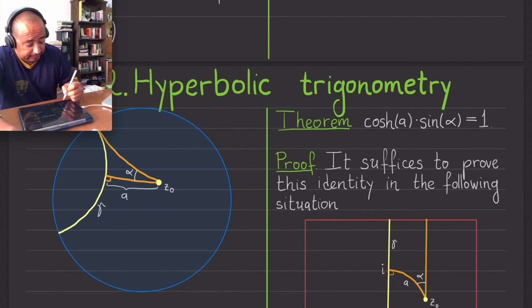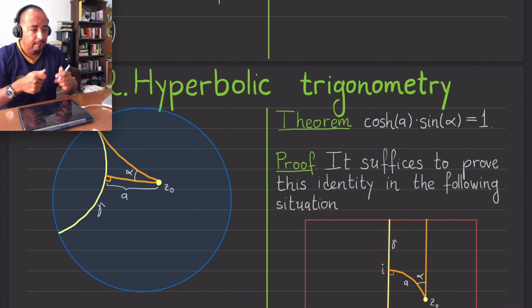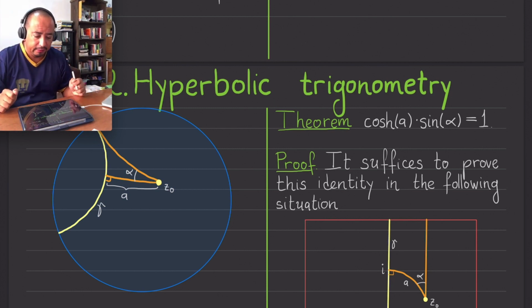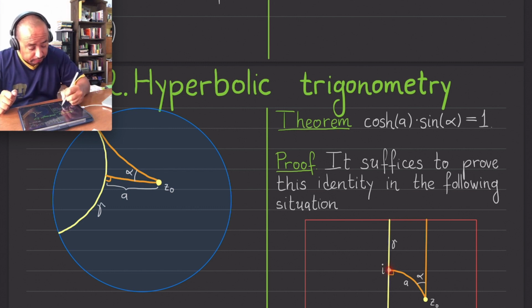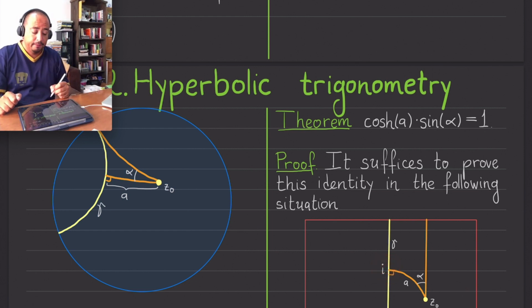Once we know that without loss of generality gamma is the positive part of the imaginary axis, we can apply transformations of the form multiplication by a positive number to move the intersection point around, so this should also be clear.